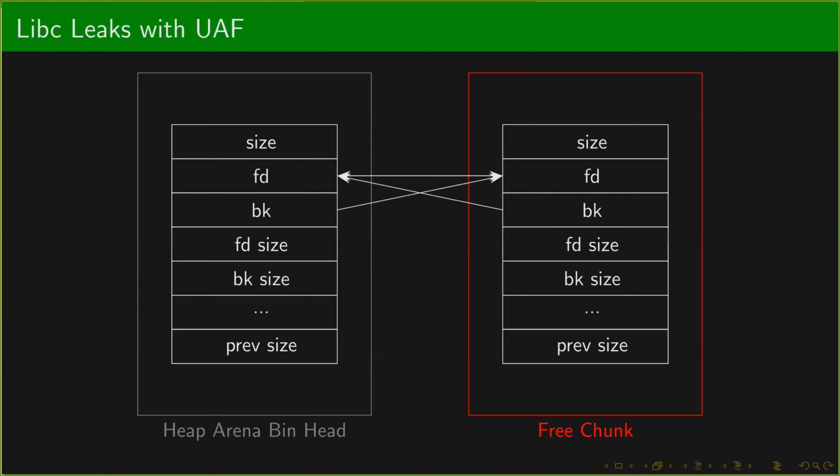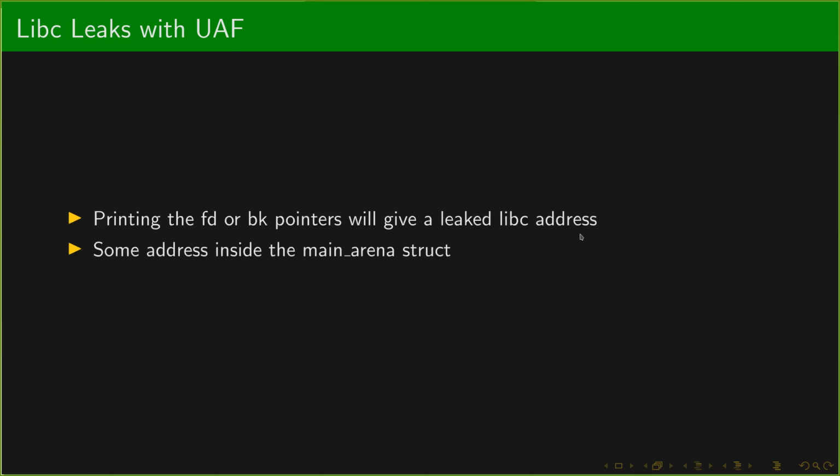If there's only one chunk in there like this, notice that if we were to print the forward pointer of the free chunk, we would be printing a libc address because the heap arena bin head here is in libc. This gives us a really easy way to leak libc addresses just using the heap, which sounds super spooky.